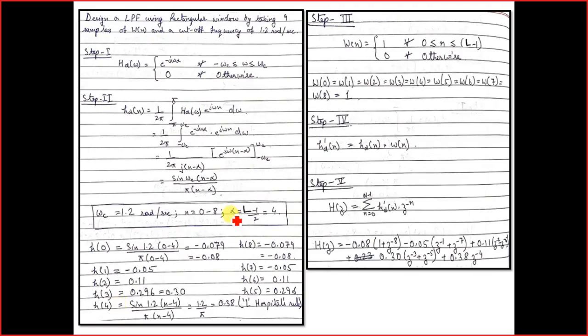Yeah, so the next question is we will be getting into designing of filters using windows. The simplest form of the window we have already discussed is the rectangular window. Now if you see over here, it is given: design a low pass filter using a rectangular window by taking 9 samples.